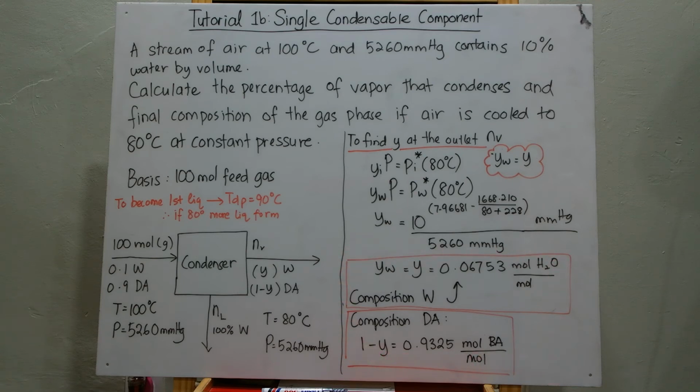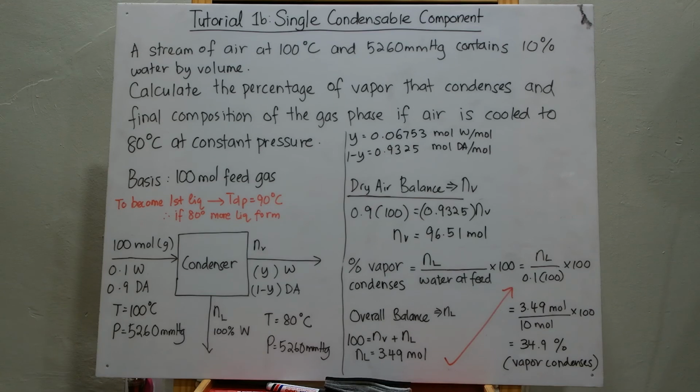Okay, let's look at how we find the next thing that the question wants, the percentage of vapor that condenses. We write down the information from just now.